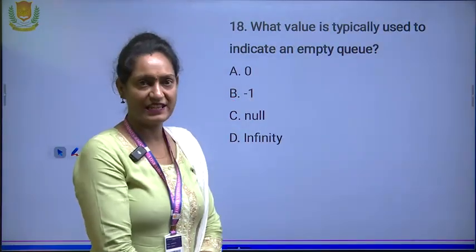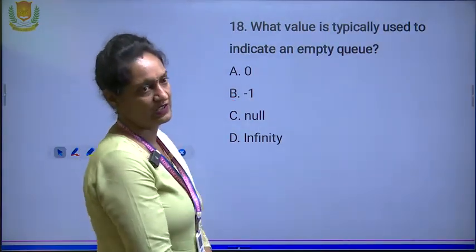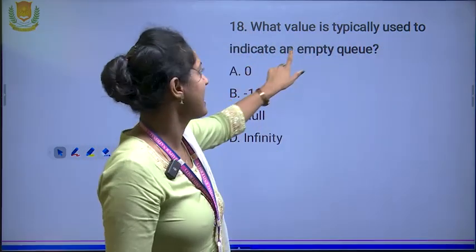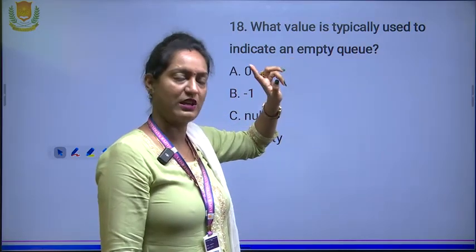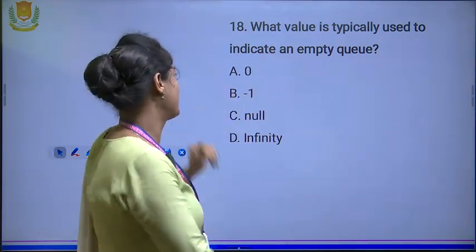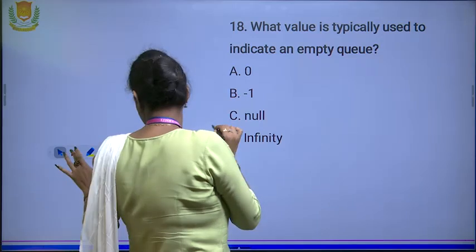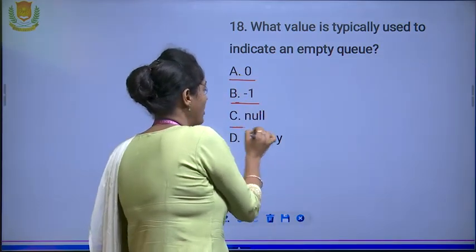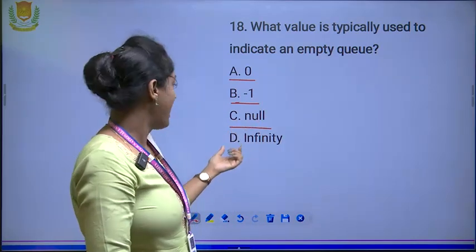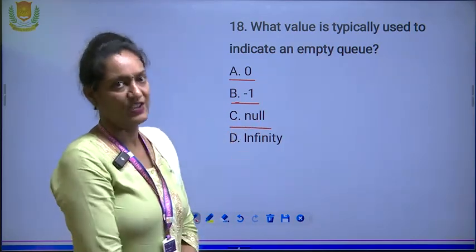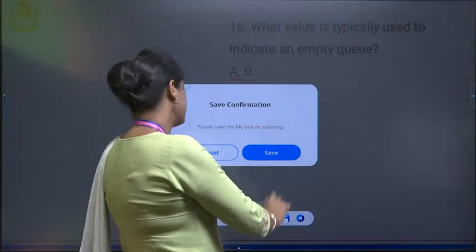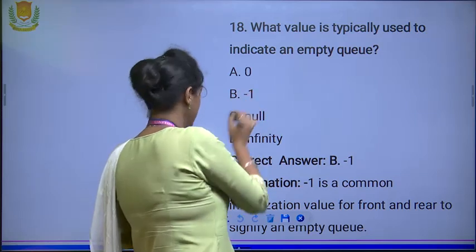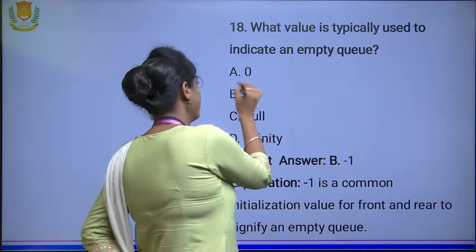Question number 18. It's asking, what value is typically used to indicate an empty queue? Option A is 0, option B is -1, option C says null, and D is infinity, right? So the answer is option B, that is -1.